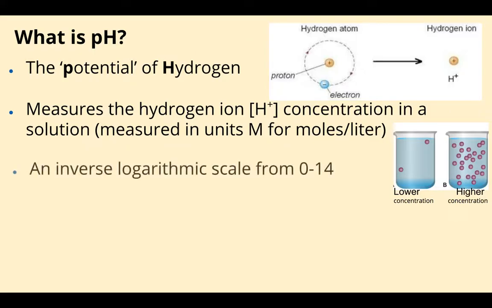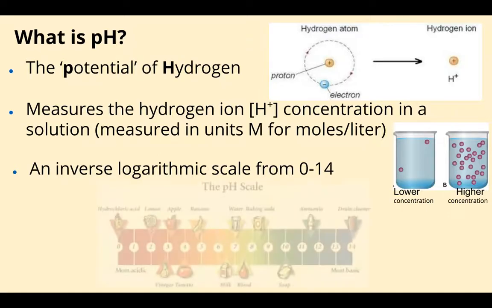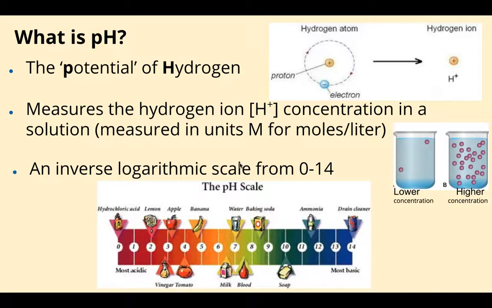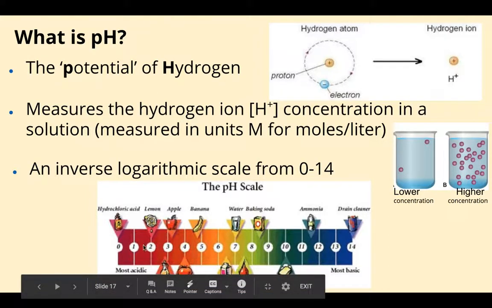The last thing to know about the pH scale is that it is an inverse logarithmic scale going from 0 to 14. Now, don't freak out, because I know that seems a little archaic, but we can interpret this. The inverse part means as the hydrogen ion concentration increases, the pH actually goes down, right?